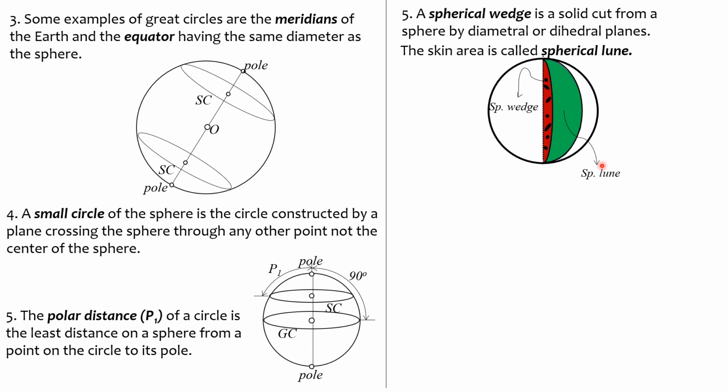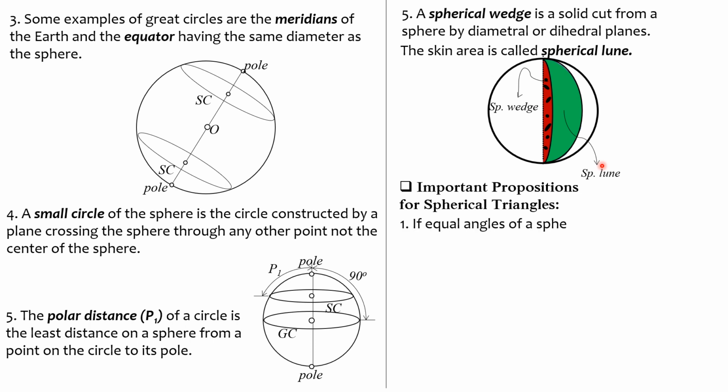Then there are important propositions for spherical triangles. The first one: if two angles of a spherical triangle are equal, the sides opposite are equal, and conversely.